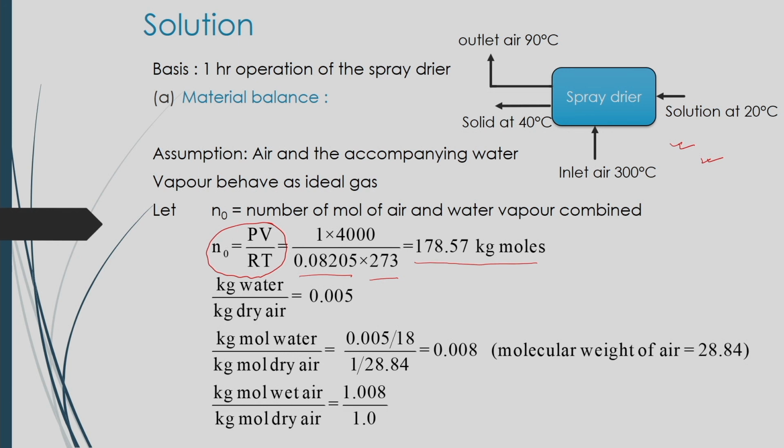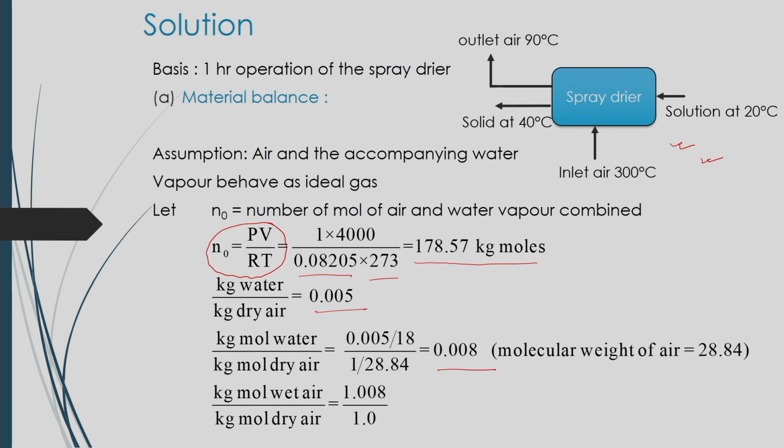Now, you know that in the inlet condition the moisture per kg of dry air is 0.005 kg. If you convert it to moles, you have to divide this mass by its molecular weight, and finally you can say that 0.008 moles of water is coming with the air to the dryer.